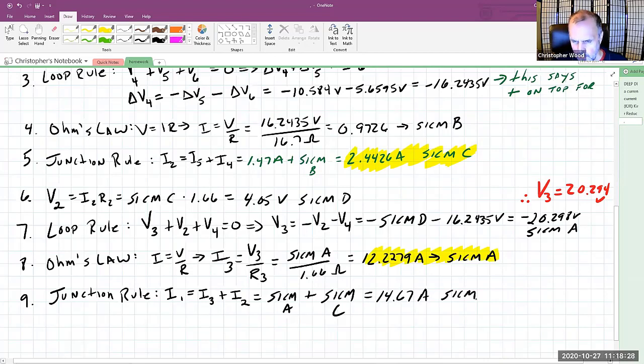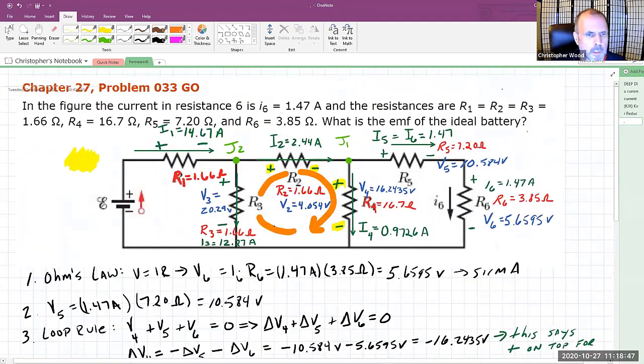Store in A again, I guess. Should I use A? No, I'm going to use D. I guess I should have just kept using different memory locations. Store alpha D. All right. Blue for voltage.